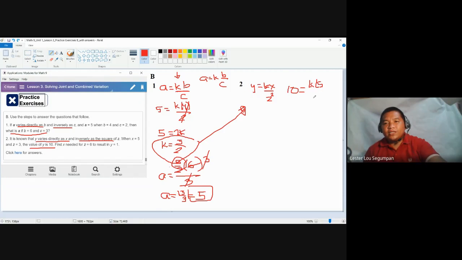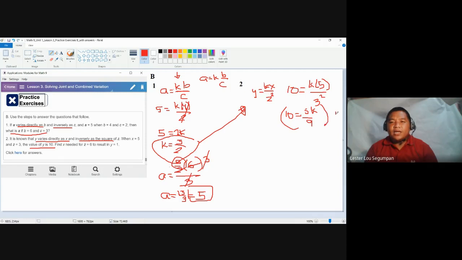Sorry, it's not the square. My bad. So y is k times x over z squared, where z is 3. 3 squared, because the z is what is being squared, not the x. So solving this, you have 10 is equal to 5k over 9.